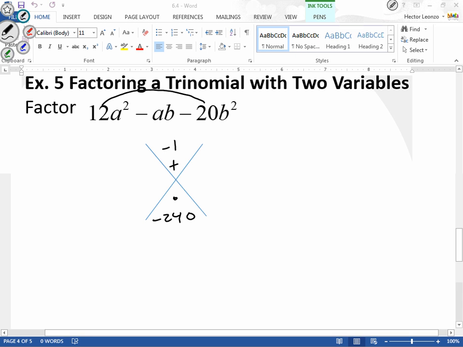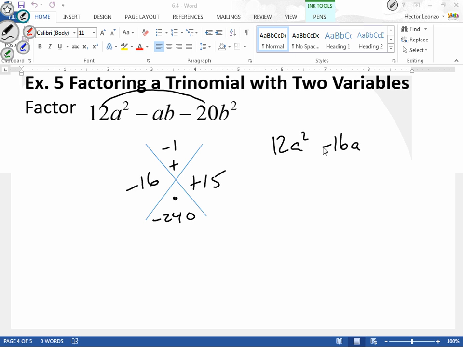So the numbers I'm looking for, let's see, are negative 16 and positive 15. Okay, so that's how I'm going to split my middle term. So I'm going to have 12a squared minus 16ab plus 15ab minus 20b squared.